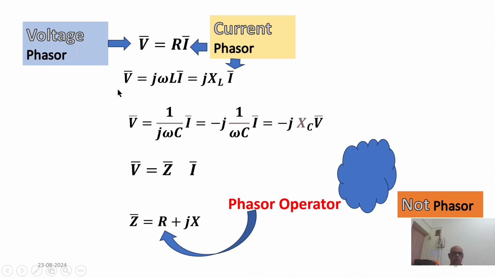Now, whereas if you go for any of the elements, for example, inductance or the capacitance, in that case, the voltage is given by j into omega.